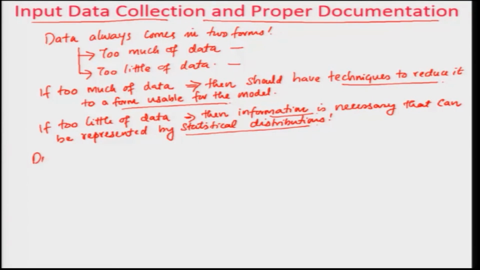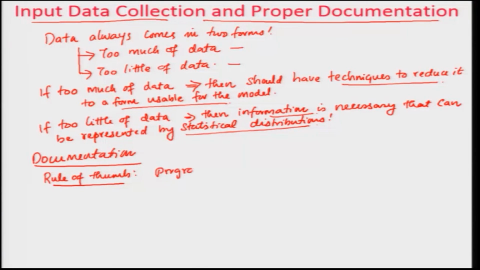Then about documentation, this is the rule of thumb: programmers hate to document, or they love to program. Since they hate to document, in the end you will not be able to figure out what is actually the problem many a times.